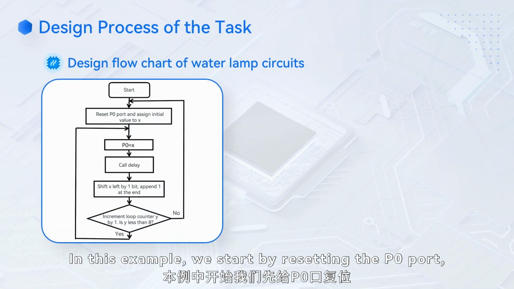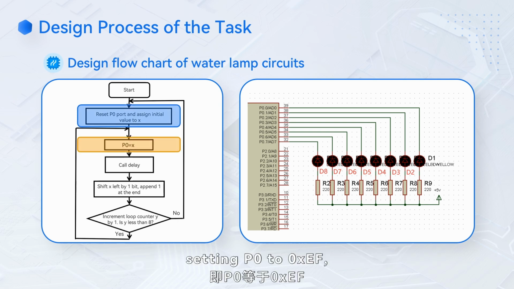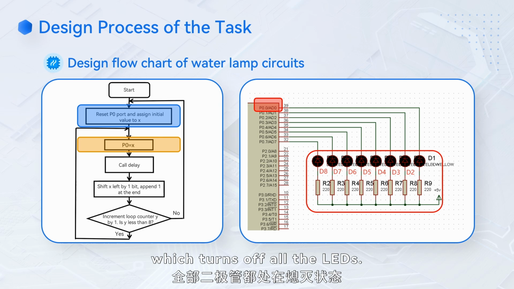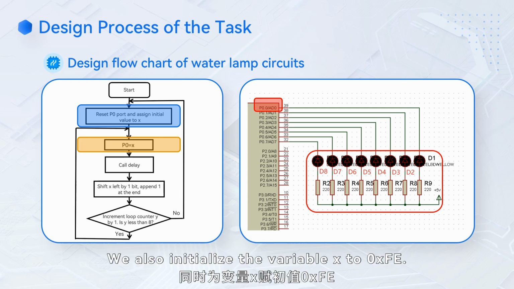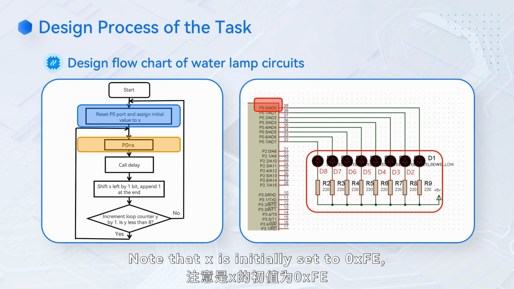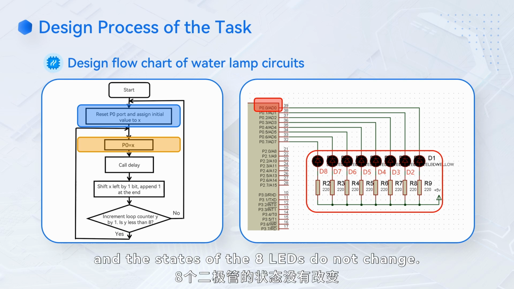In this example, we start by resetting the P0 port, setting P0 to 0xFF, which turns off all the LEDs. We also initialize the variable x to 0xFE. Note that x is initially set to 0xFE, so the value of the P0 port remains 0xFF, and the states of the 8 LEDs do not change.